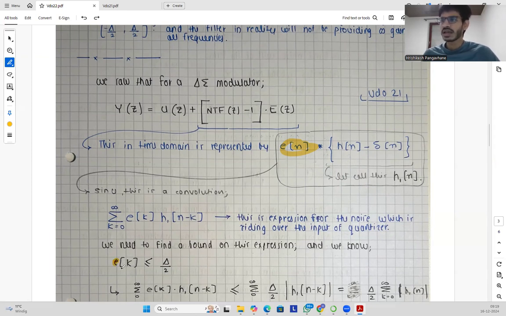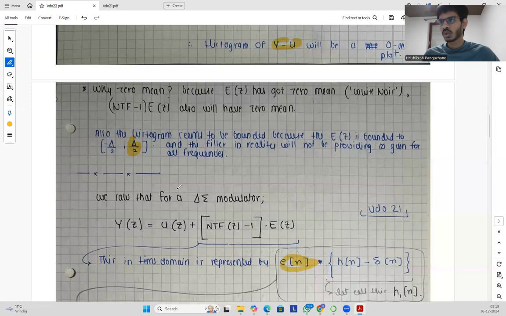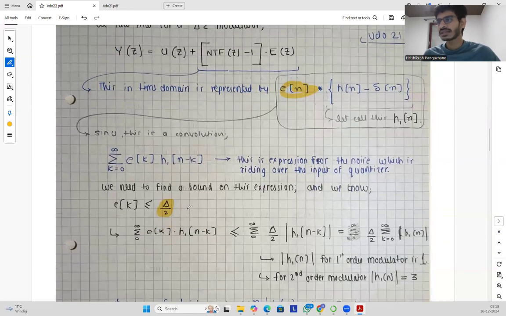We know e of k, the noise, is less than or equal to delta by 2, so this expression is less than or equal to delta by 2 times mod of h1 of n minus k. If we put the upper bound in this expression, we get this.